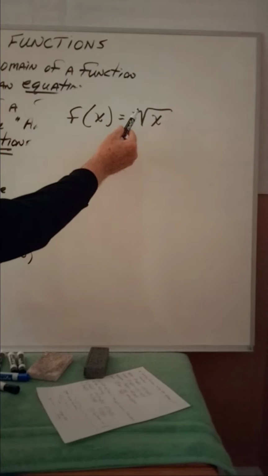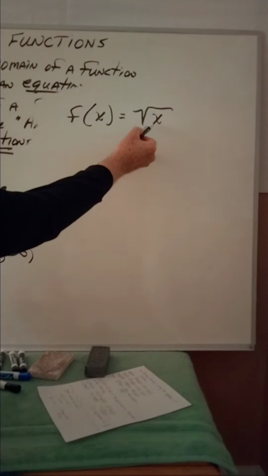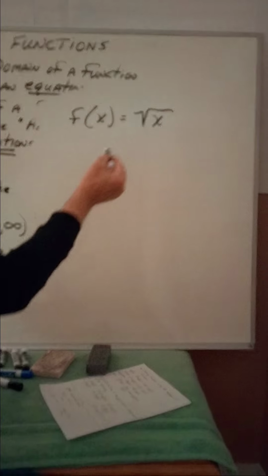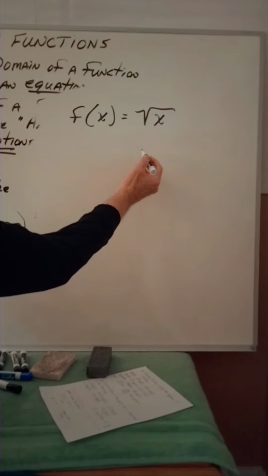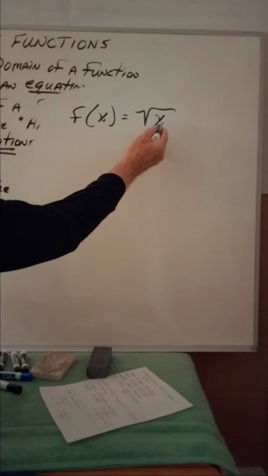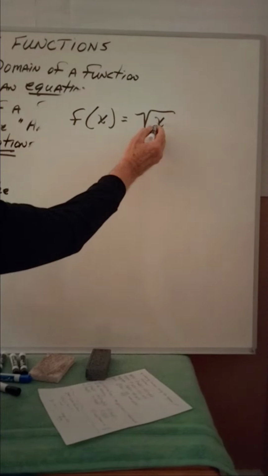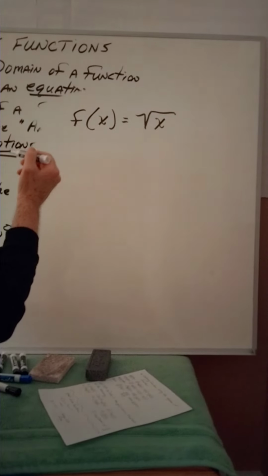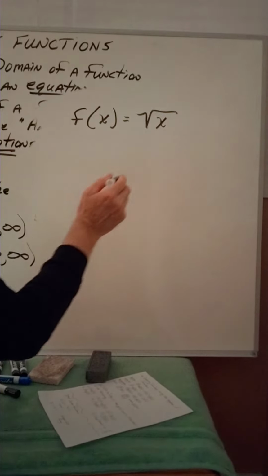Cannot find a positive square root of a negative number. So you see the domain cannot include all real numbers. The domain must be any value that is greater than or equal to 0. You see, x can be 0. It can't be negative, but it can be 0 or greater.